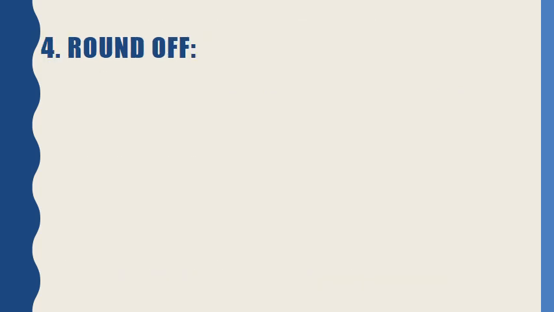Now let's come to question number 4. We will do the A part of this question. The question is round off 56,748 and 2,32,497 to the nearest 10,000. So first let us do the rounding off of 56,748.